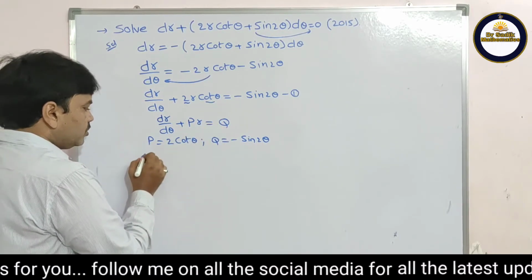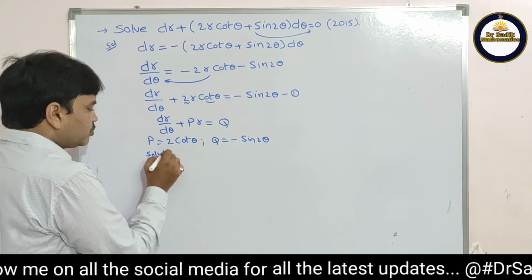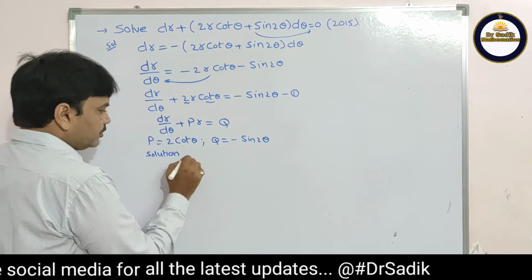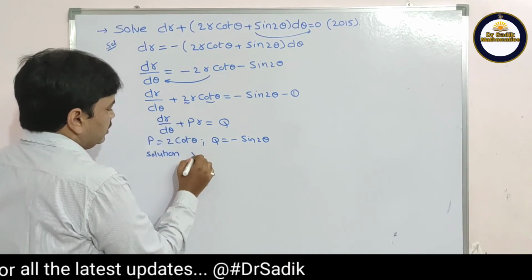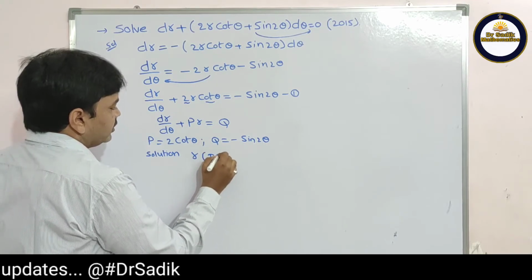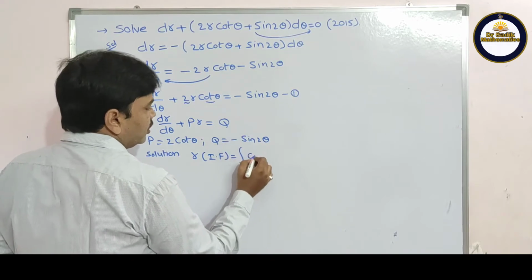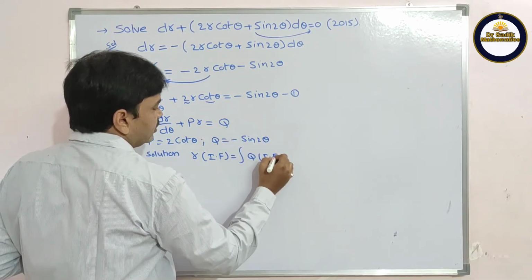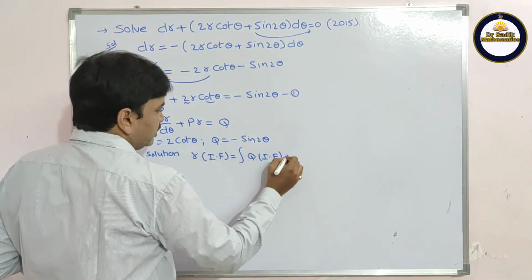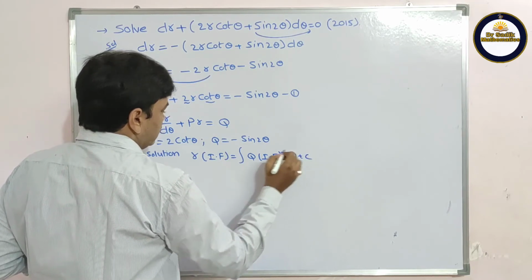So what is the solution of one, friends? Solution: r into integrating factor equal to integral of Q into integrating factor into d theta plus C.